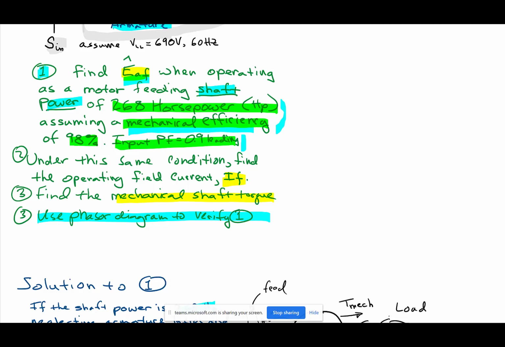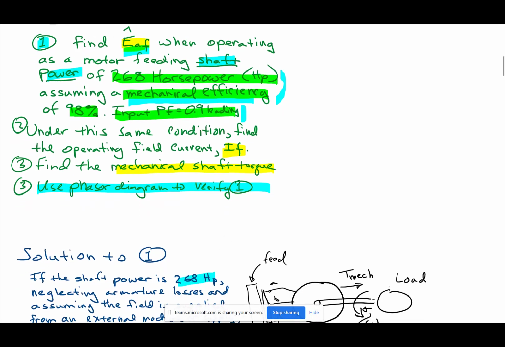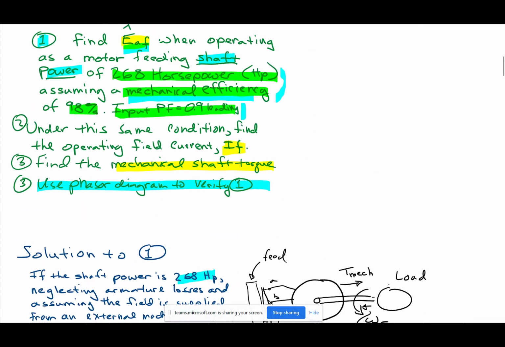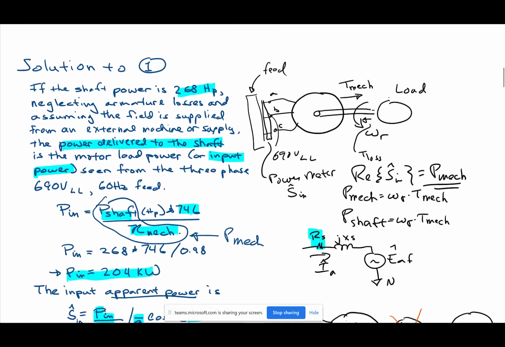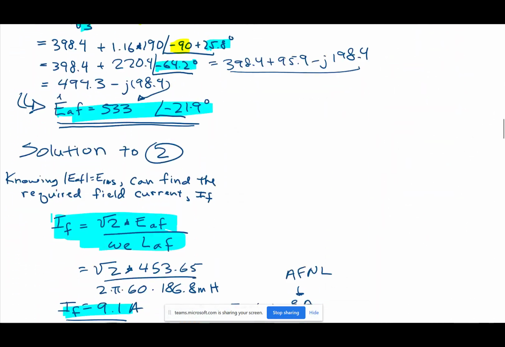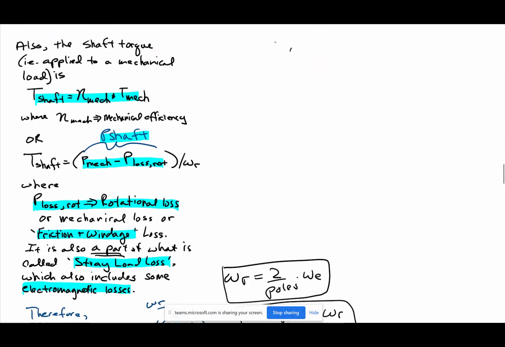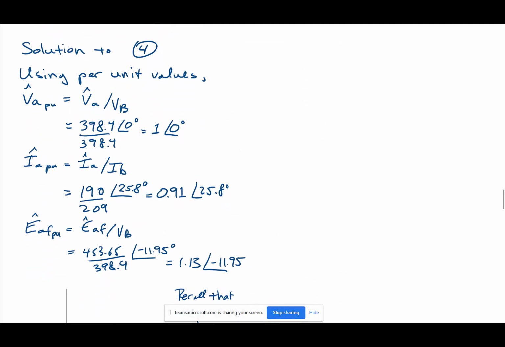We're going to use it to verify what we found in 1 graphically. And to answer number 4, we'll go back to number 4 down here. We need to find the per unit values for everything.